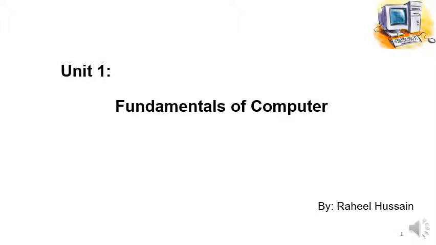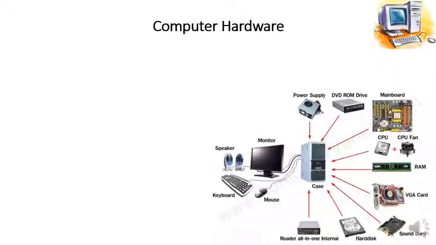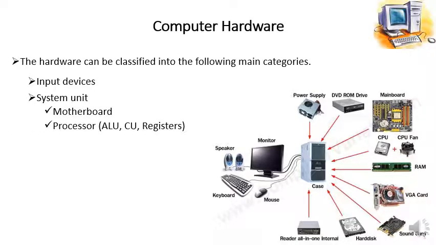Students, we are in unit 1, that is fundamentals of computer. We are studying computer hardware, and so far we have studied input devices, system unit, and inside the system unit we talked about the motherboard, processor and its components, ALU, CU, registers.